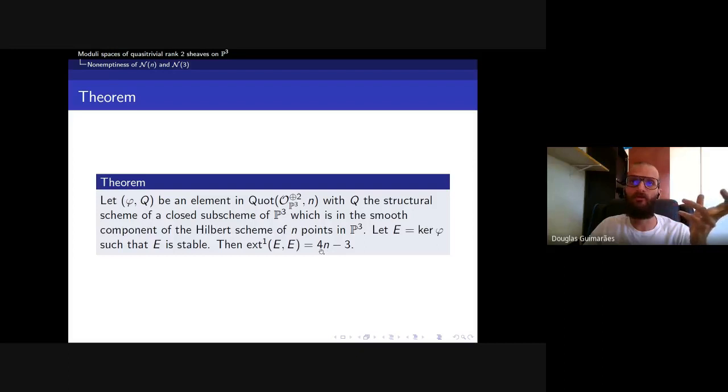So if you put n equals 3, this is exactly 12 minus 3 equals 9. So this theorem ensures that this H bar is an irreducible component of our moduli space.